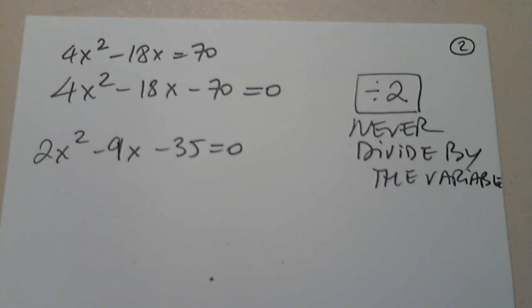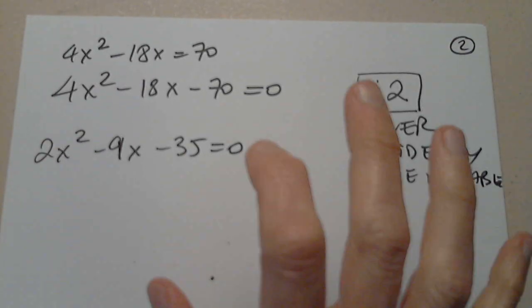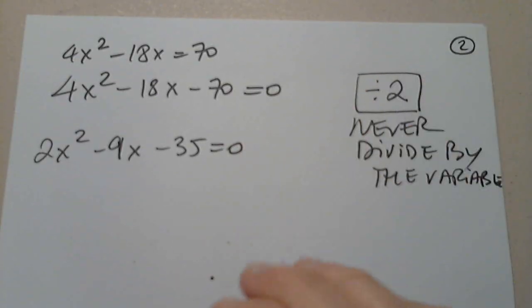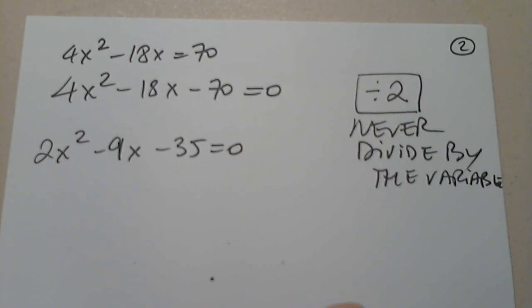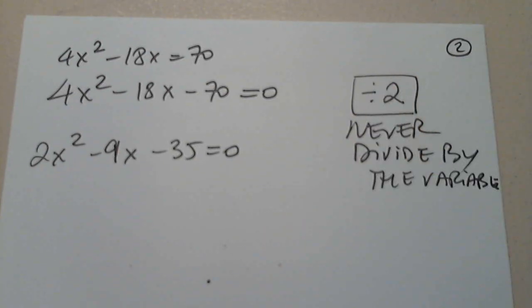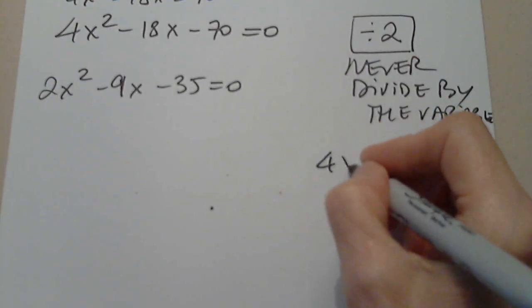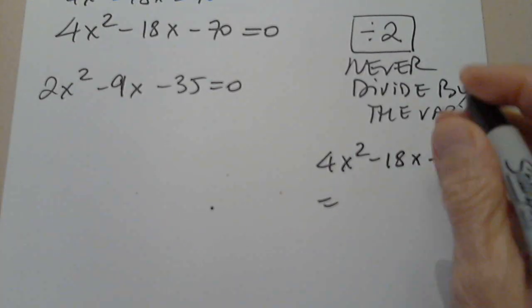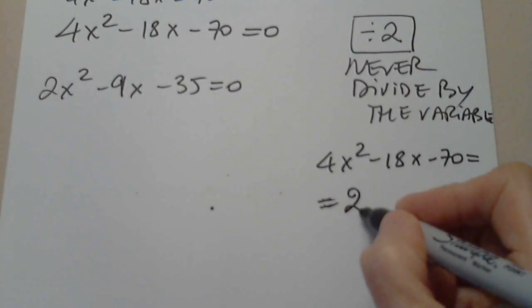Okay, perfect. So now, I start the strategy. Descending order, yes. Greatest common factor, I already simplified that too. Now, when you factor, you cannot divide. So if I am given 4x squared minus 18x minus 70 to factor, I cannot say, oh, I'm dividing by 2.